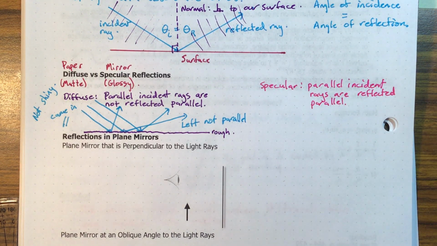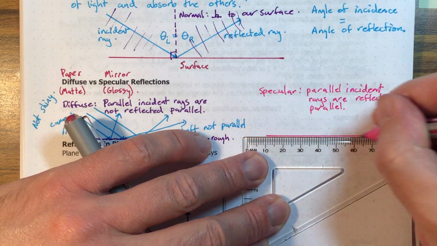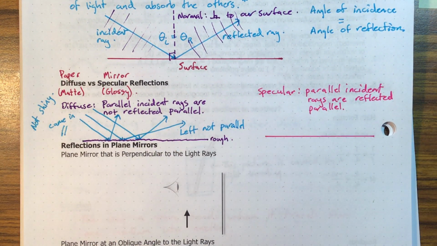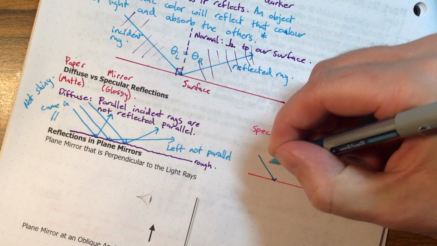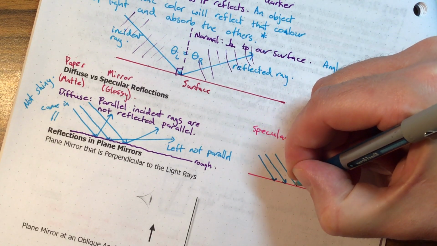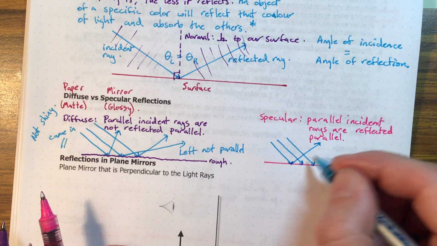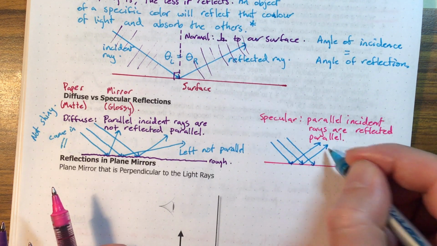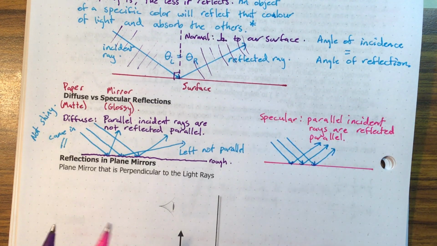Right, this is usually a very shiny surface. We've got some parallel incident rays: 1, 2, 3. And they get reflected off in parallel: 1, 2, 3. You can see a nice image in this. This is like glossy.